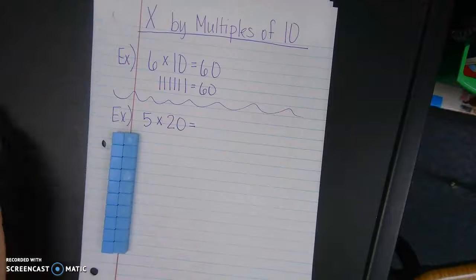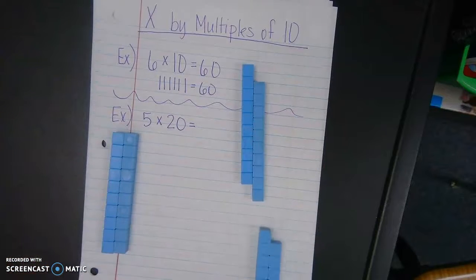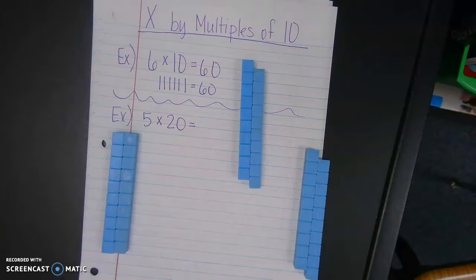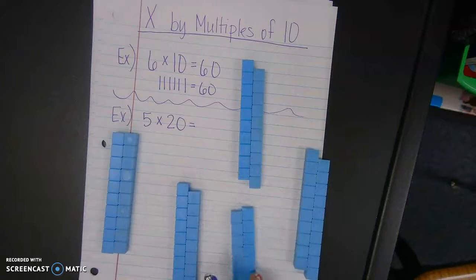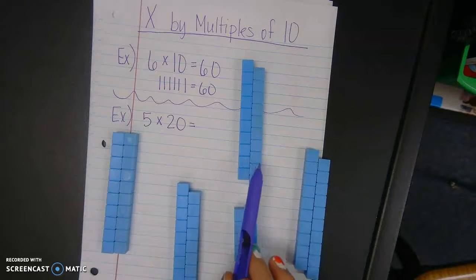So here's 1 group, 2 groups, 3 groups. Try to put it on there so y'all can see it. And then 4 groups, and 5 groups. So if I count, I'd still go back and probably count by 10s, and I would say it's 10, 20, 30, 40, 50, 60, 70, 80, 90, 100.